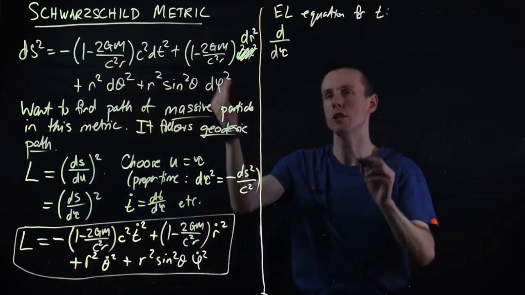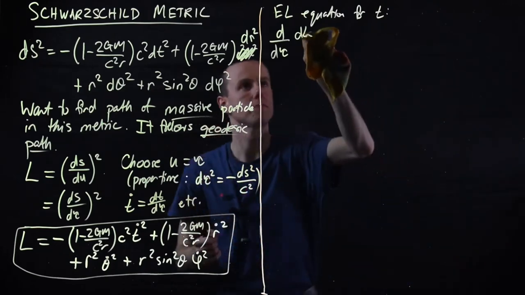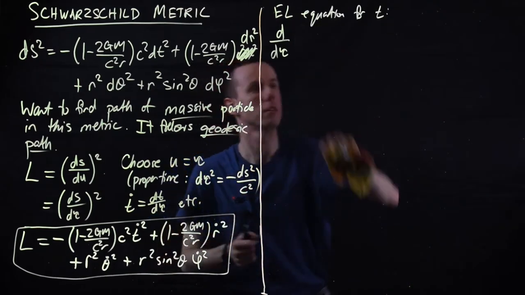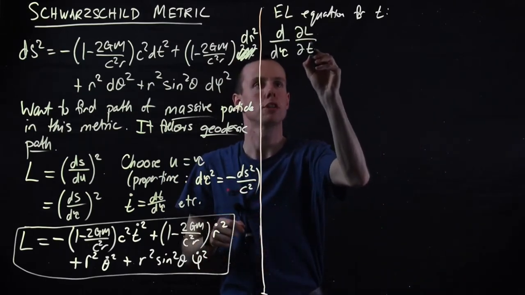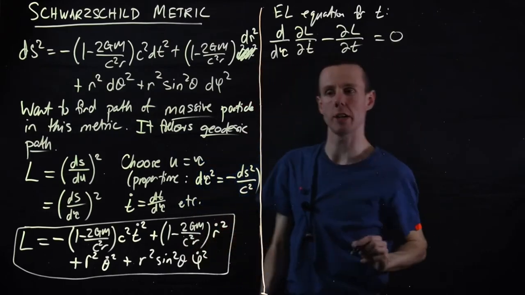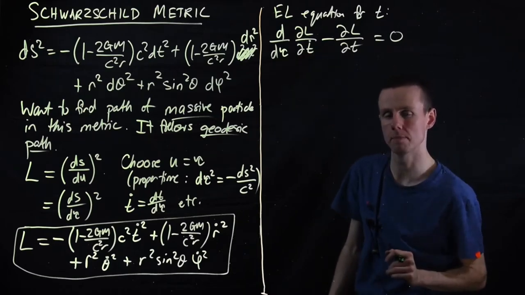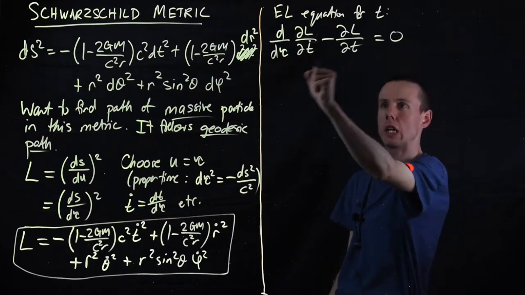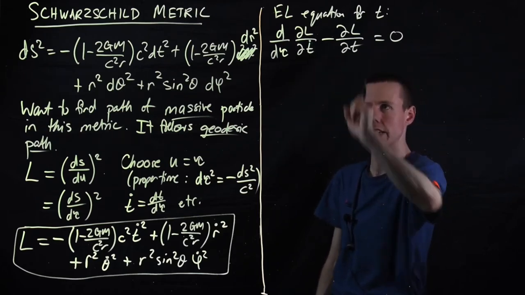So it's d by d tau of the partial of L with respect to t dot, minus the partial of L with respect to t, equals 0. That's the Euler-Lagrange equation for the t coordinate. That general equation you should memorize, and be careful to get the dot in the right place. It goes here, not here.